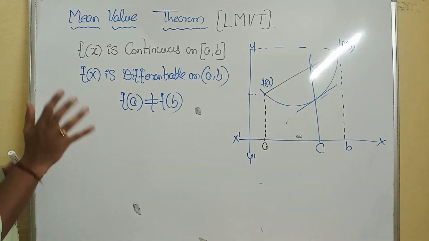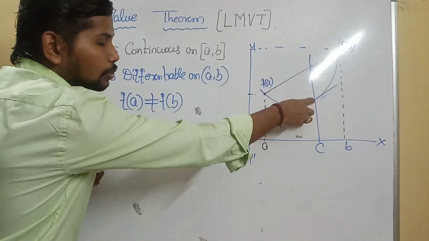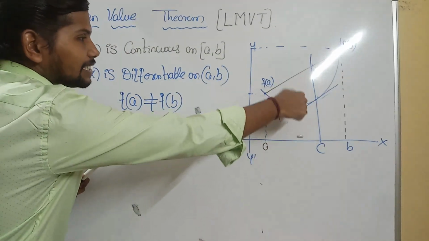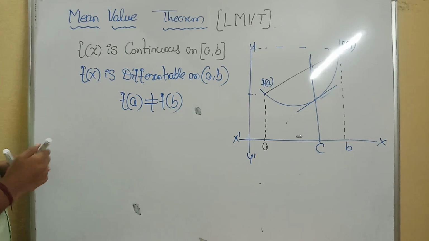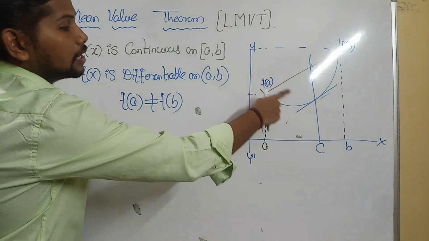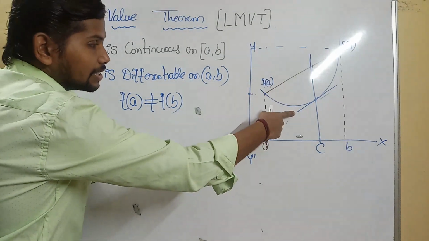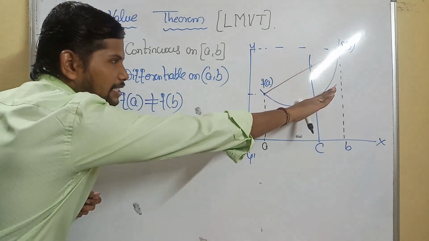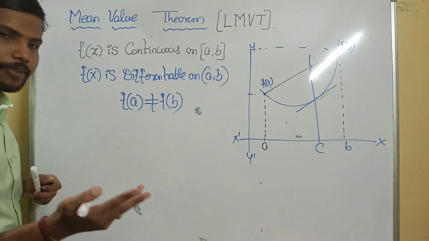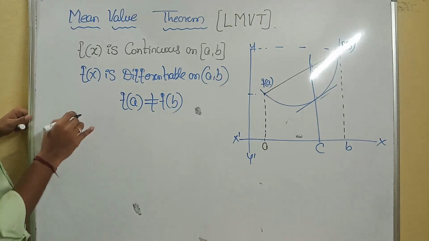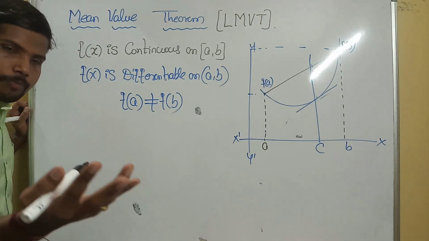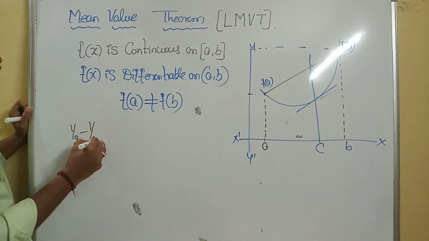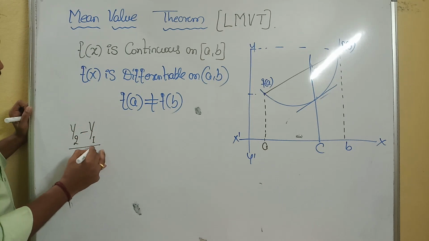Anyhow I need to find the slope of a tangent, means at what point the tangent is there, that tangent is parallel to the chord. If this tangent is parallel to the chord, the slope of the tangent is nothing but the slope of the chord, which we can find. For that reason, whenever 2 points are given, how to find the slope, you know already the formula: y2 minus y1 divided by x2 minus x1.